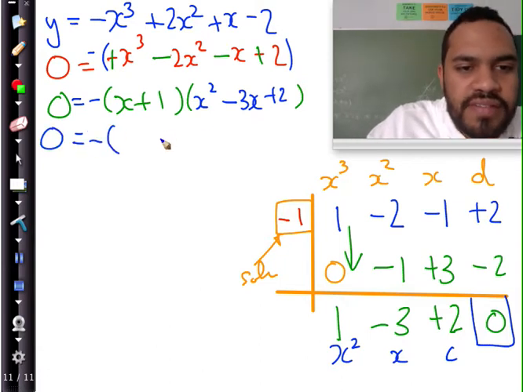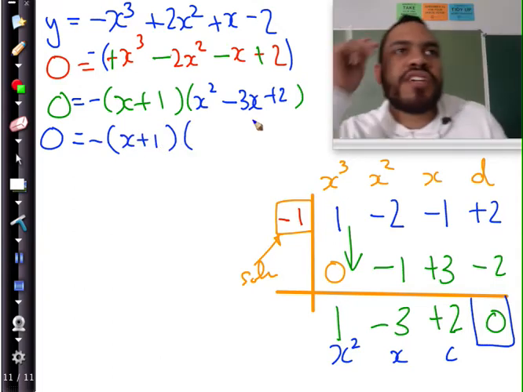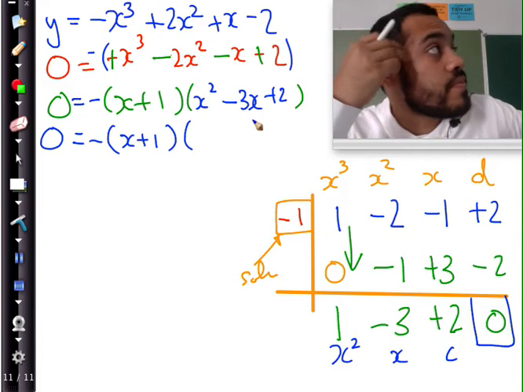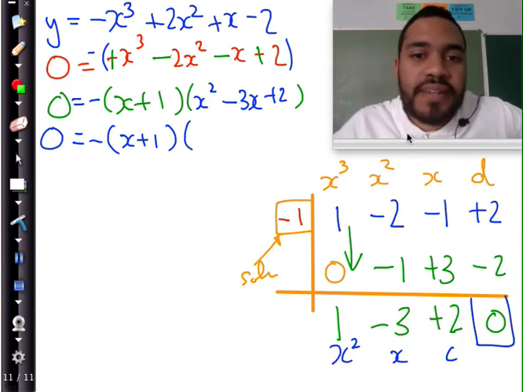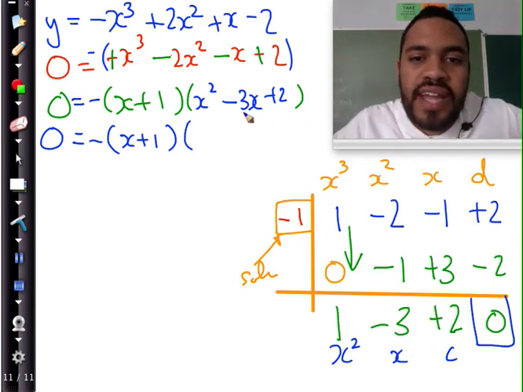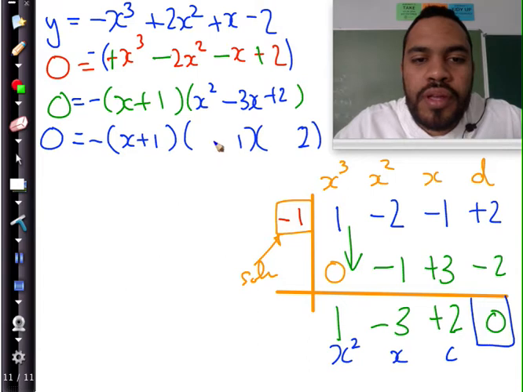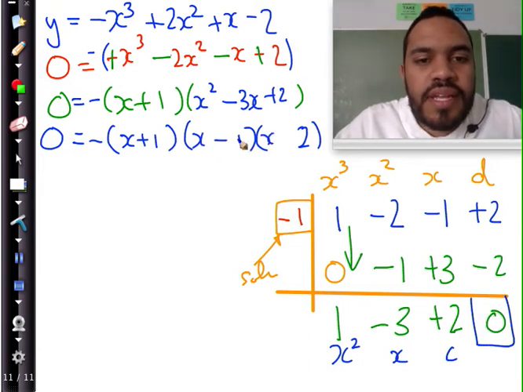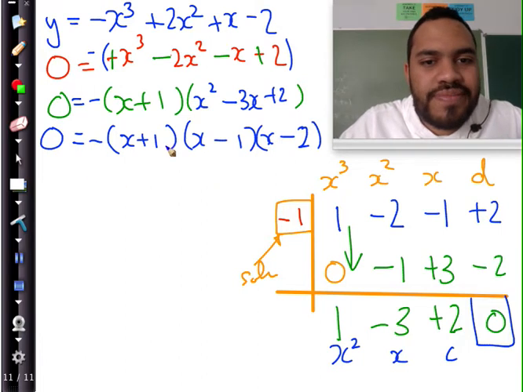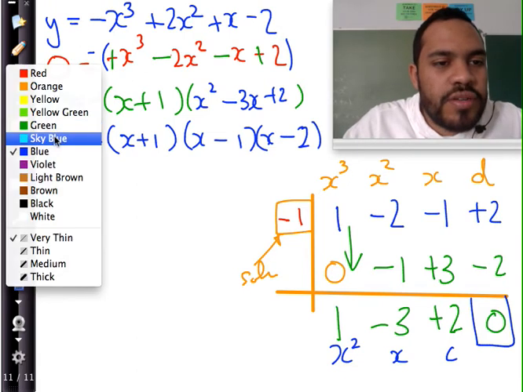So that's negative, that's going to be x plus 1. This is factors of 2 such that when I add them I should get 3, which gives me 1 and 2. The signs will be negative and negative. This here indicates that the signs are the same, so both have to be negative. And therefore the solutions are as follows.